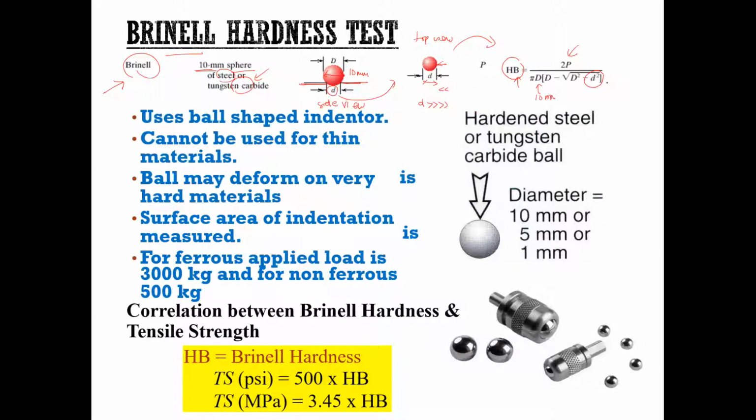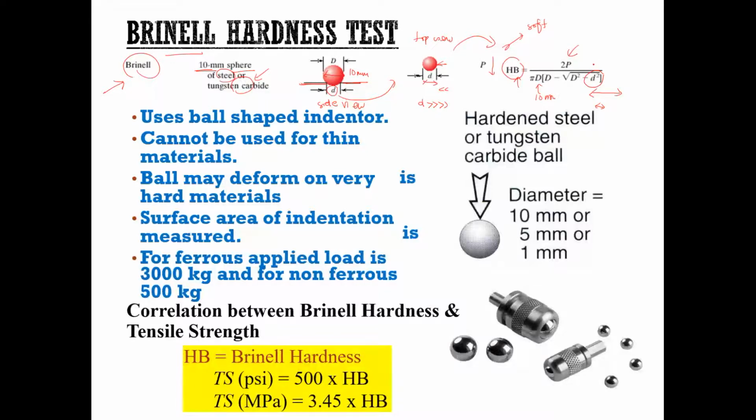If the diameter of the indent that we created during the hardness testing is higher, it means that this HB would be lower. So what does it mean? It means that our material is soft. In contrast, if the d value is smaller, it means that our material is very, very hard.